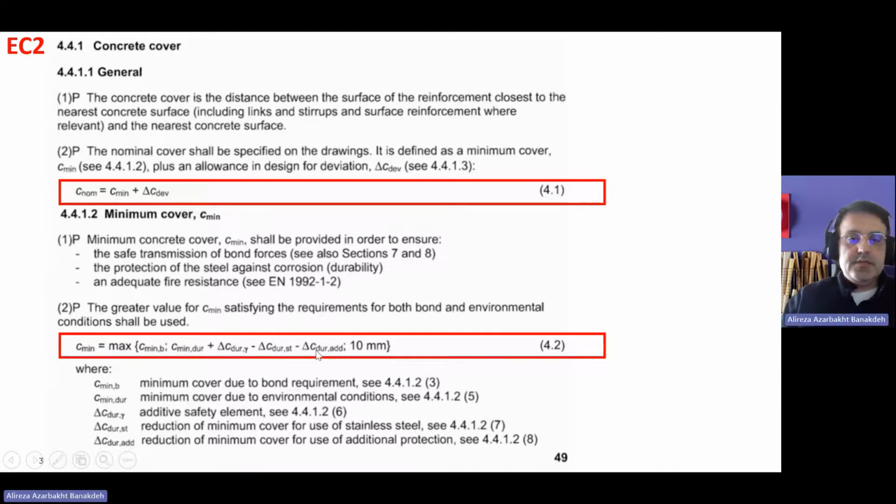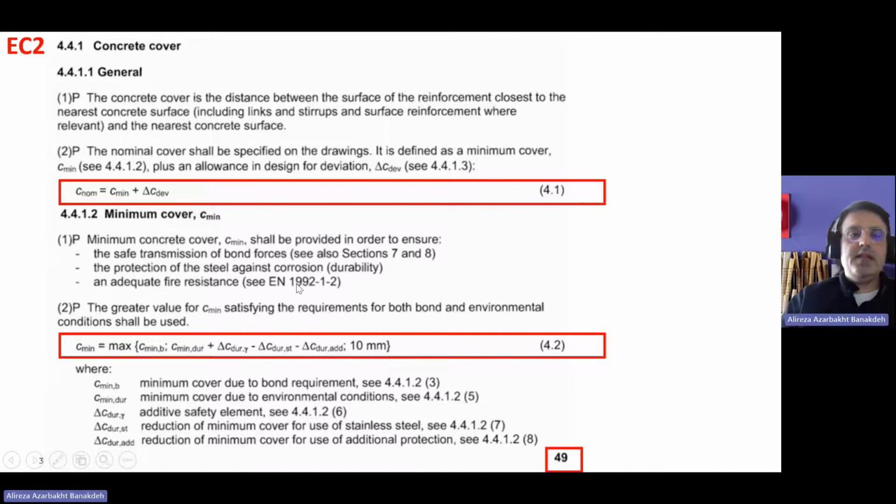So you need to calculate the first, the second term, and the third term. Between these three, you should find the maximum and find C min, then put the C min in the above formula and also put delta C dev and come up with your C nominal.